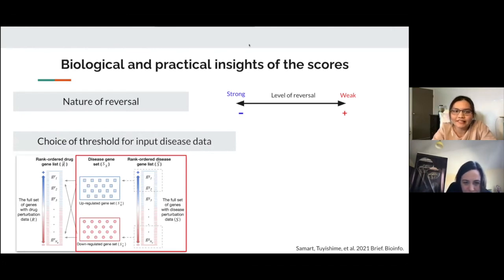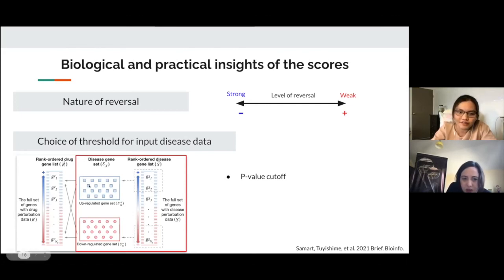Basically, the scale that I'm showing here is just the final result that we interpret as the relationship between disease and drug. And this is the starting point where we compare disease and drug genes. The process is that we rank all the genes based on the expression value first, and then separate the genes based on the size of the expression value assigned to each gene.